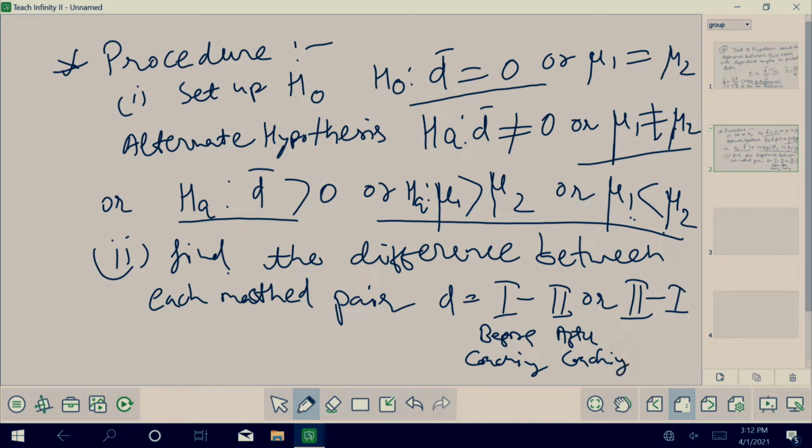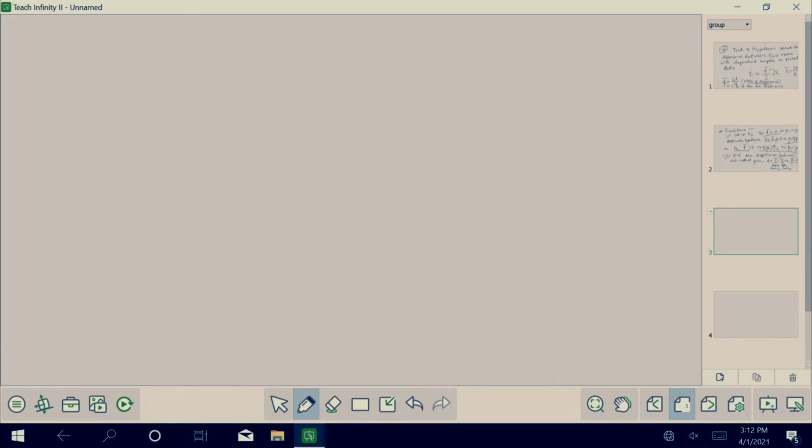You can calculate the difference by any method. You can follow either of two, like you can find the difference 1 minus 2, and you can also find 2 minus 1. It is up to you, you can use any method, right. After that you need to calculate the mean of difference, very easy.